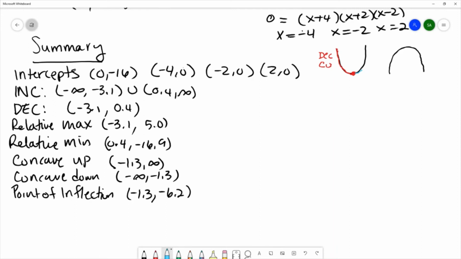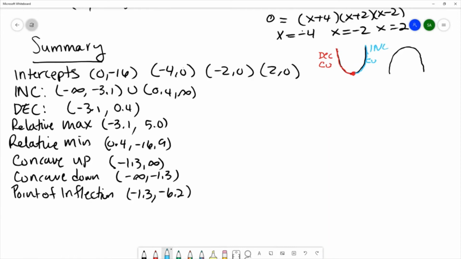On this portion of the parabola, the graph is increasing but concave up. So this should say increasing.